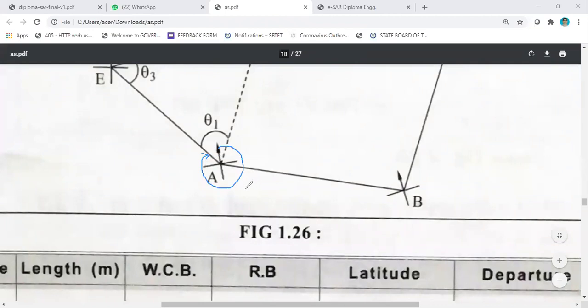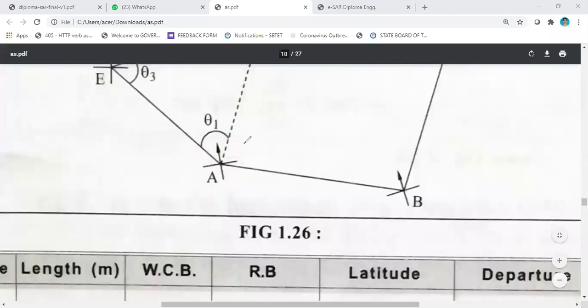From the projection of the north line up to here, this small angle is nothing but the forebearing of AD. So how to get theta 1? When you subtract this back bearing from 360, you will get the leftover portion, this small portion, and this is to be added to the adjacent one. Then only you will get theta 1. Is that okay? Have you understood how to get theta 1?